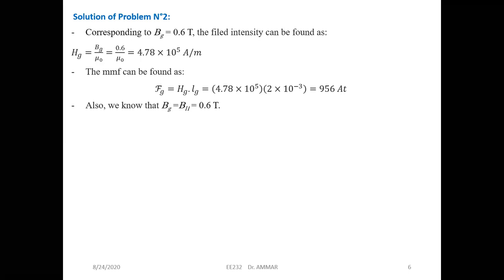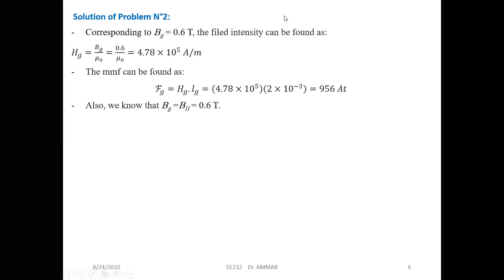But here, the leakage flux is always there, but sometimes we neglect it.